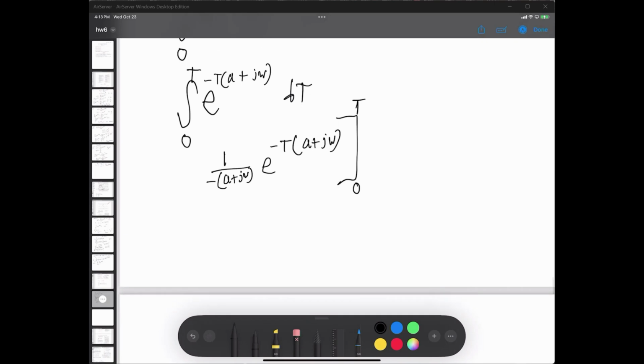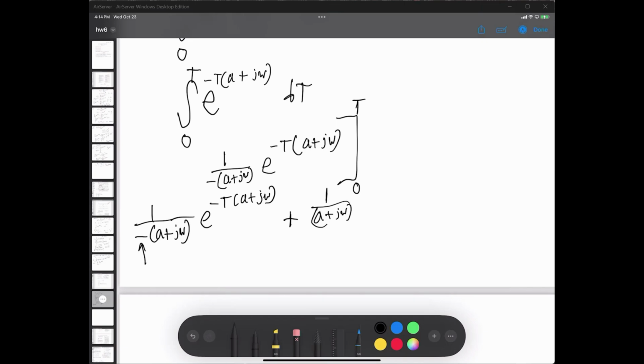So you'll have 1 over negative a plus j omega e to the negative t, doesn't change, minus, make it a plus, because this negative here will cancel out with the minus. E to the 0 is just 1, so we'll get 1 over a plus j omega. And that's our Fourier transform.